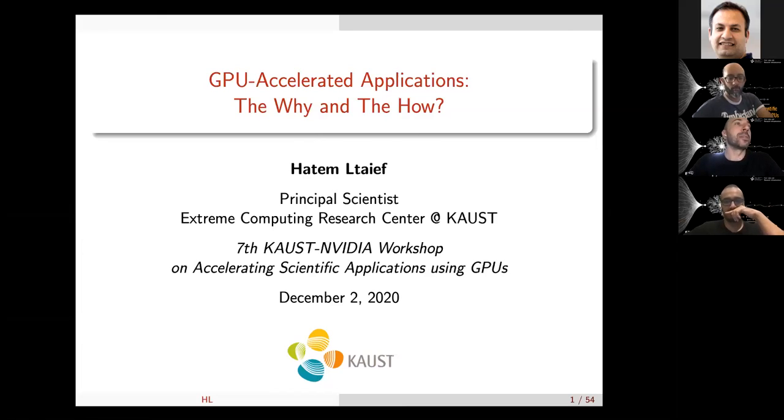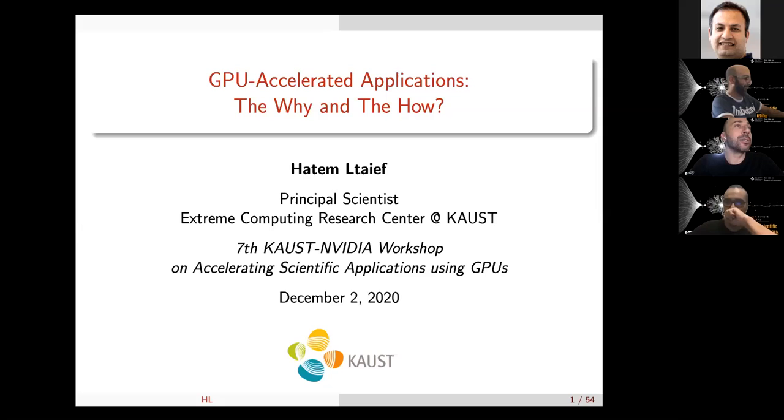He is a principal research engineer, research scientist at the Extreme Computing Research Center at KAUST, where he's also advising several master's and PhD students for research. He received his engineering degree at Polytech Lyon at the University Claude Bernard Lyon in 2003, master's in applied mathematics in 2004, and PhD in computer science in 2008 at the University of Houston.